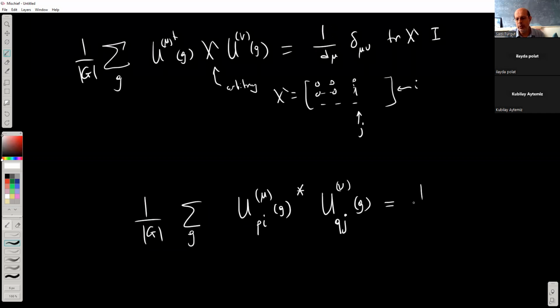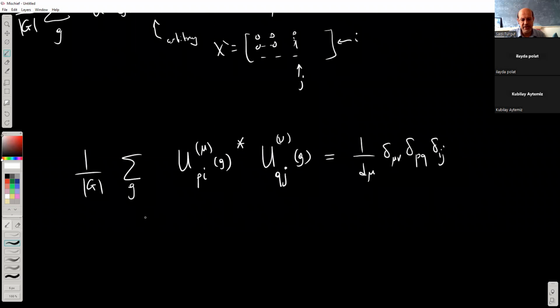That's equal to 1 over d mu, delta mu nu, delta pq, delta ij. That relationship is called the orthogonality of the matrix elements.